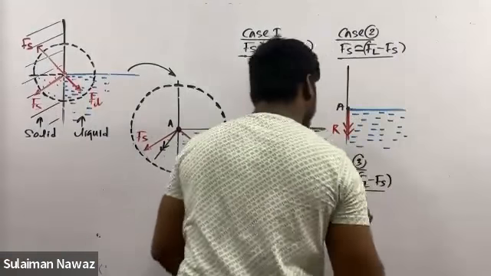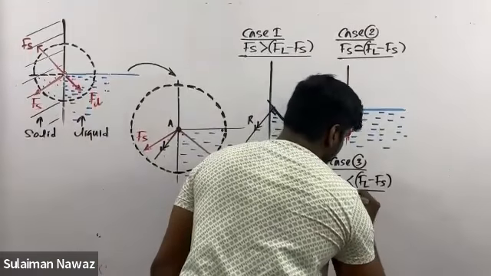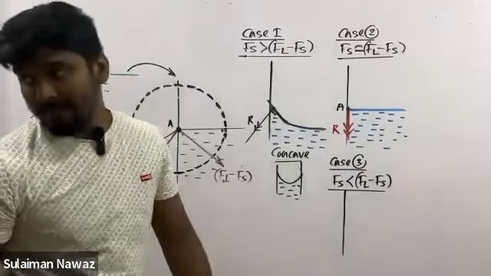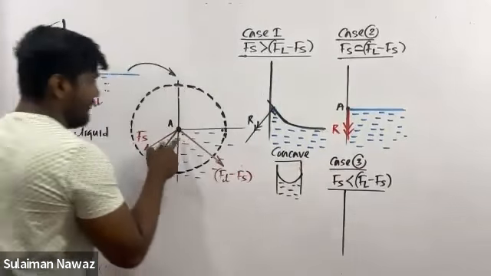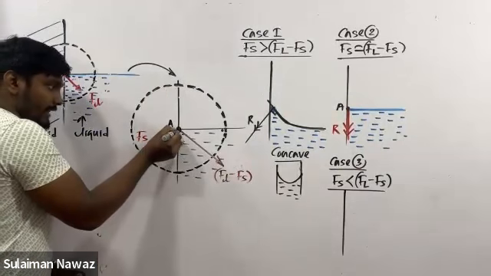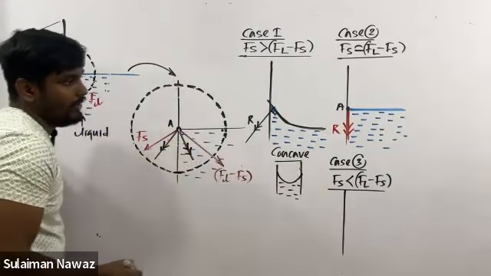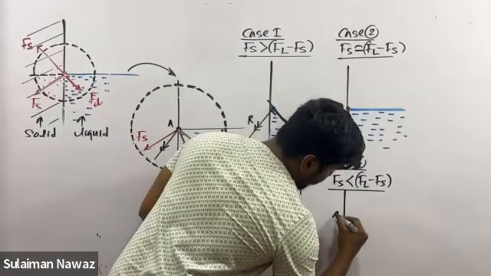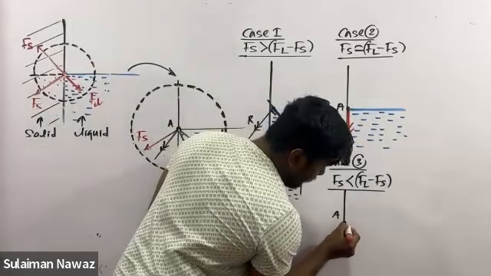In that case, now we know this time FL minus Fs is larger. What is the direction of the resultant force? This way. If this is your particle A, the resultant direction will be towards the liquid.